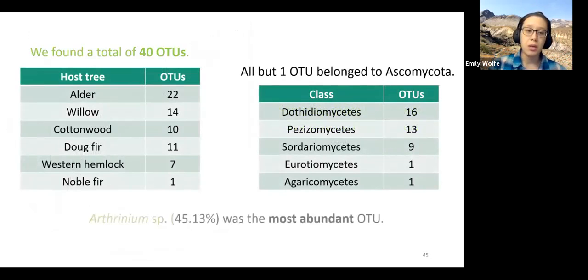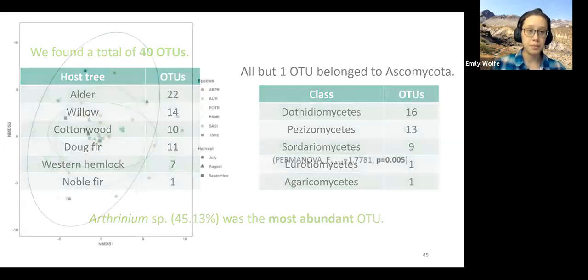The most abundant OTU was assigned to Arthrinium, and it was far and away the most abundant OTU with a frequency of isolation of 45%. Of those 40 OTUs, we had 18 singletons. So it was quite a few compared to studies of plants in the metropolitan area.